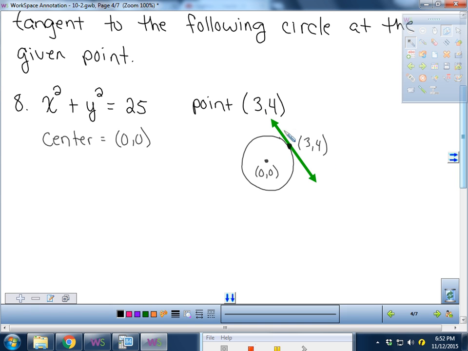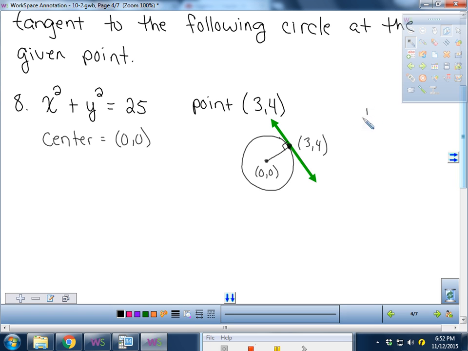So I need to figure out the slope of the radius, because this is what I know. I know that the radius and this line are perpendicular. And the thing I know about perpendicular lines is that they have opposite reciprocal slopes.